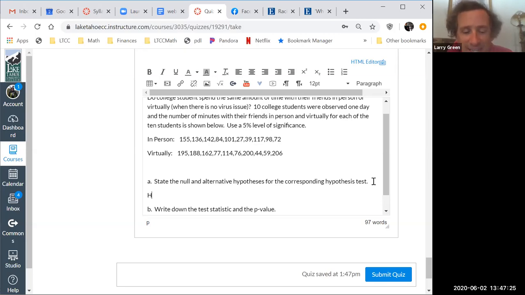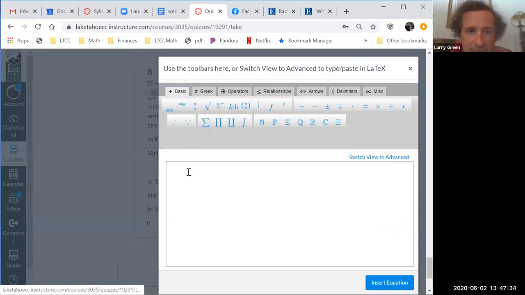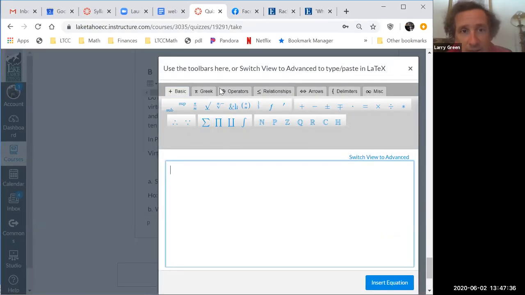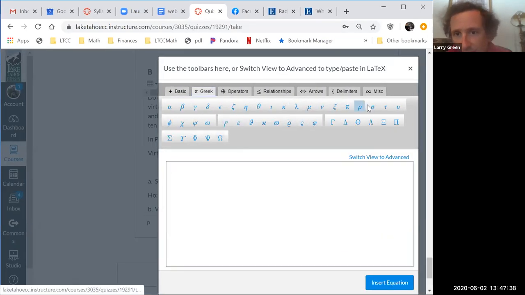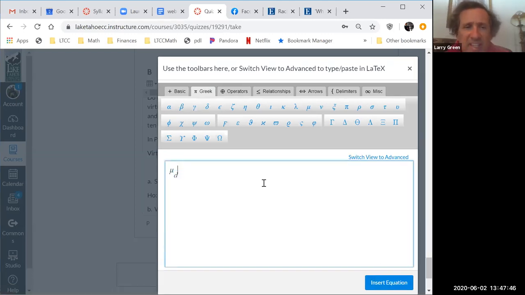All right, so we got H naught. And for dependent data sets, we're looking at mu sub D. What does D stand for? Stands for dependent.